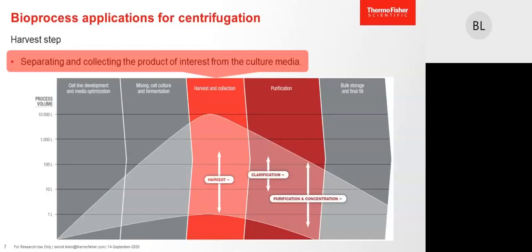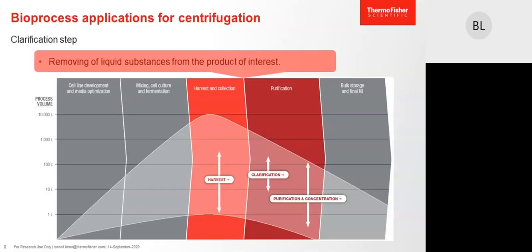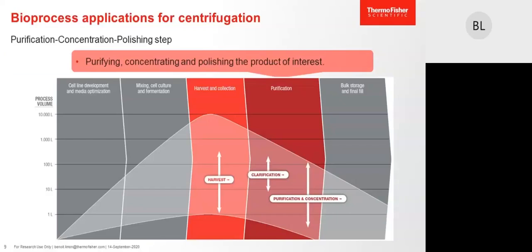The harvest is the separation and the collection of the product of interest from the culture media, followed by the clarification, which is the removing of the liquid substance from the product of interest, and finished by the purification, concentration, and the polishing of the product of interest before the bulk storage and the final fill.